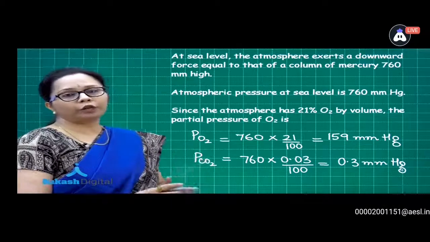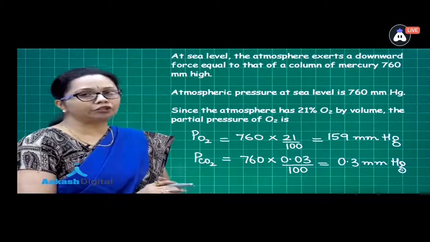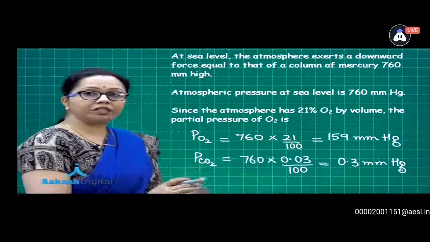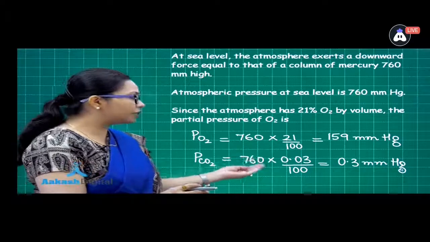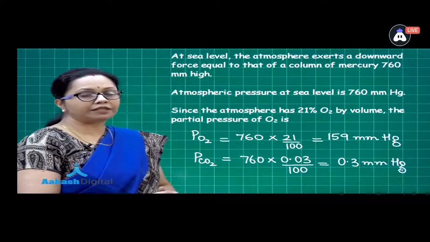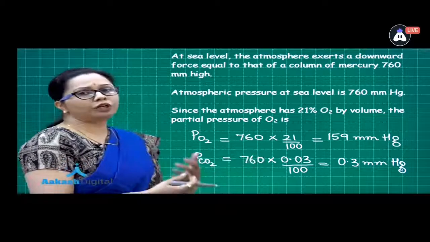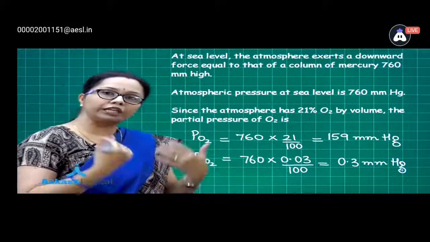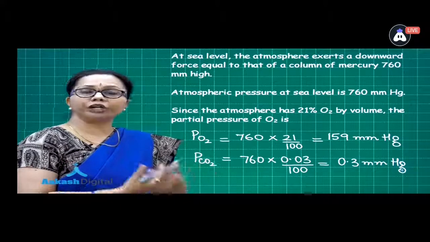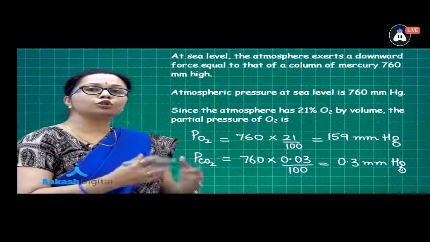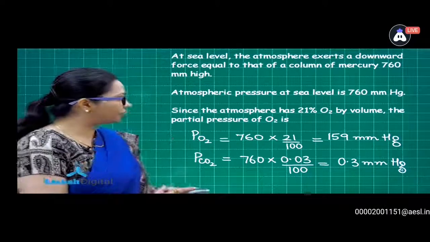Same way we can calculate for nitrogen as well, PN2, and nitrogen is 78%, so that would be 760 multiplied by 78 upon 100. However, that value is not required because nitrogen, even though we inhale it, our body tissues do not utilize it, so as such it will be exhaled out.